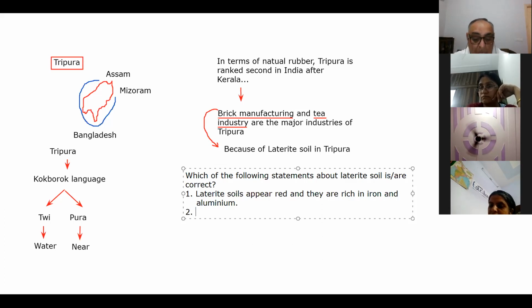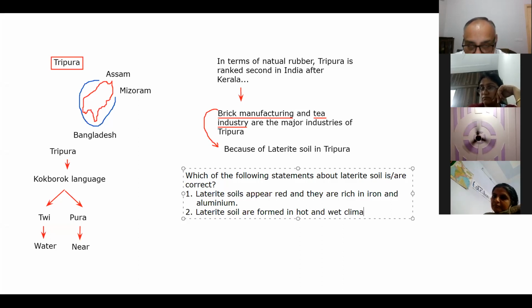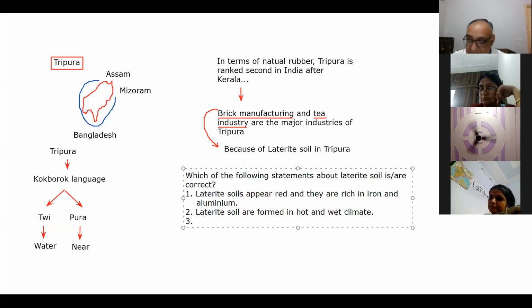Laterite soils are formed in hot and wet climate.